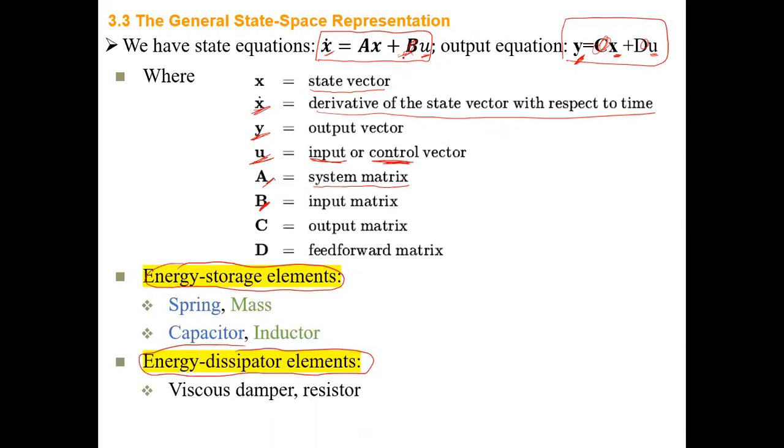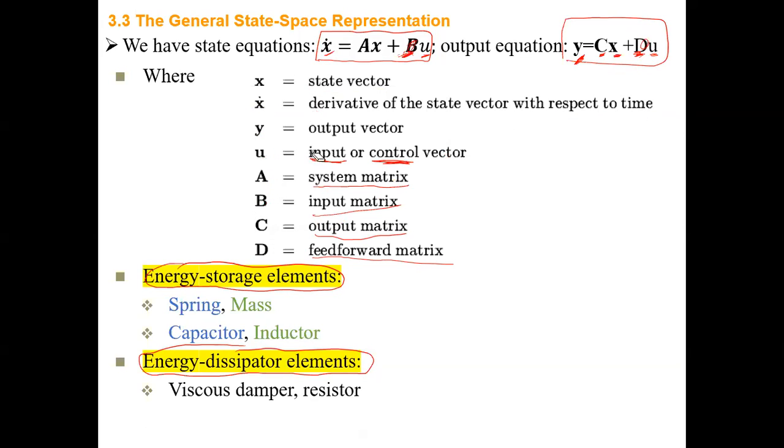The name of this B is input matrix. And the name of this C is output matrix. Then what is the name of this D here? The name of this guy is feed forward matrix. These are the names, okay?